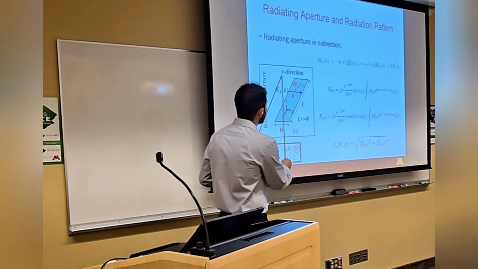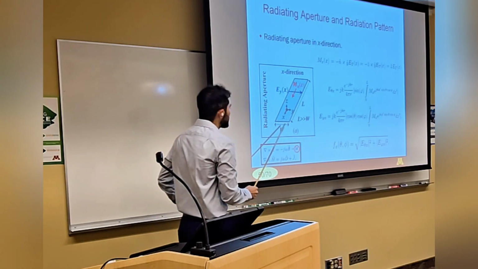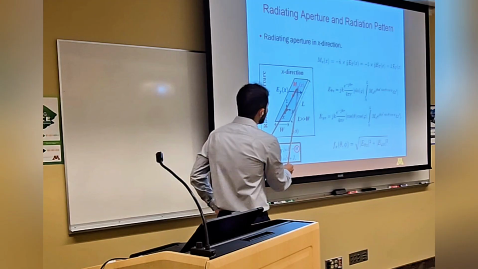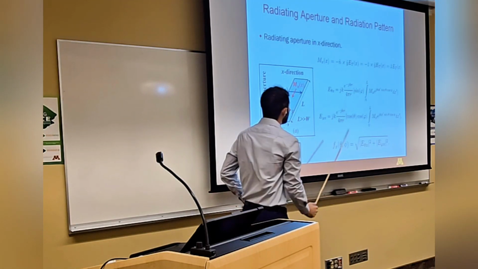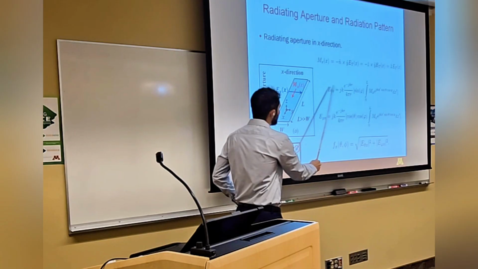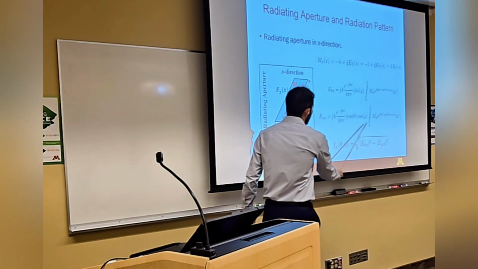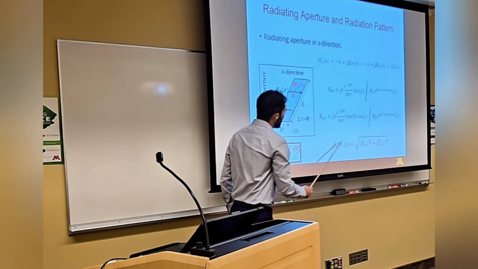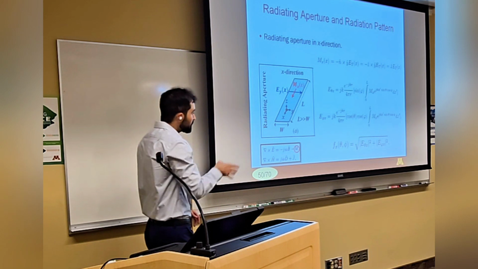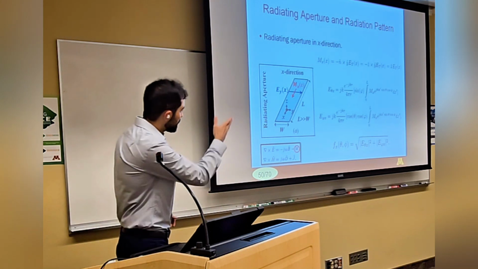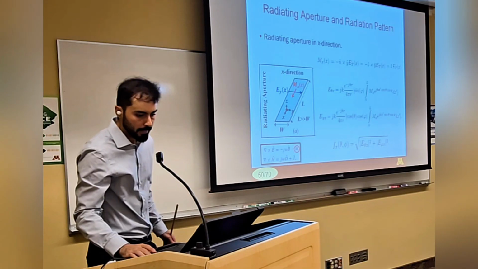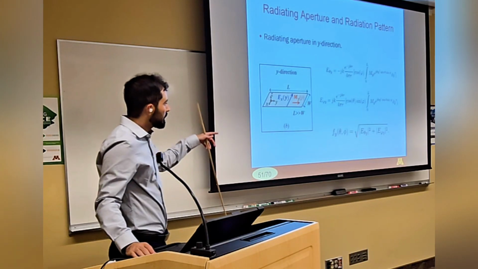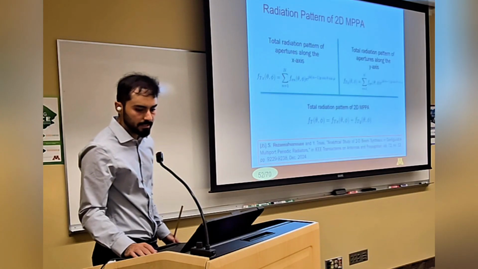For example, for each aperture alongside the x-axis, the magnetic dipole can be calculated like this, and then the E-field far-field component can be calculated from this equation. And we have the radiation pattern from each aperture alongside the x-axis from that equation. We calculate the same for each aperture alongside the y-axis as well.